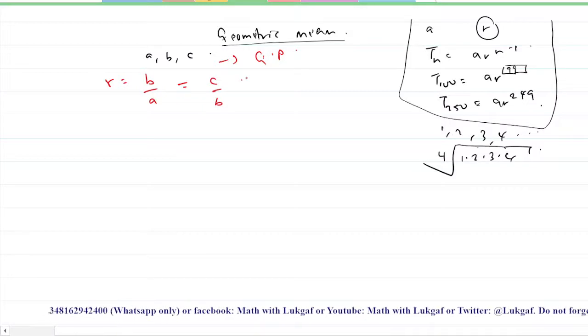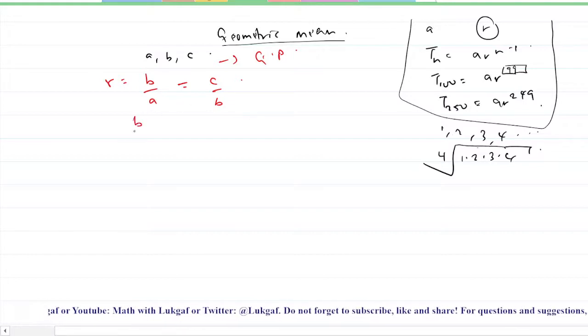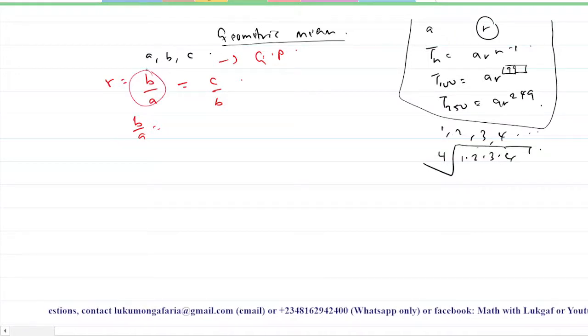They are the same. You understand now? That's your common ratio. Since my R is a constant factor, the quotient of the second and the first term will be the same as the quotient of the third term and the second term, which is equal to C over B.